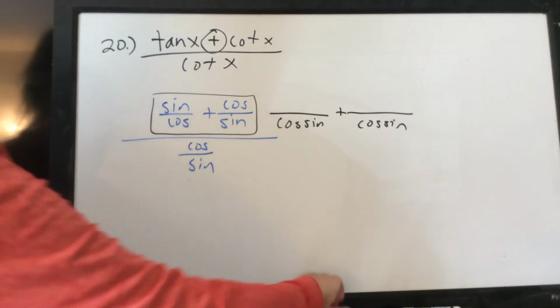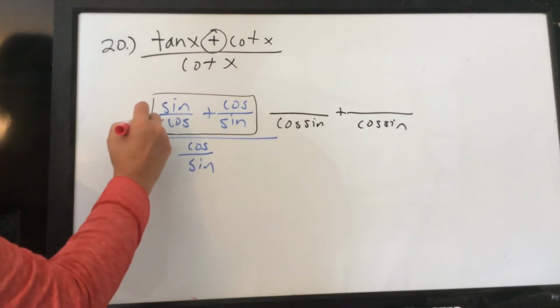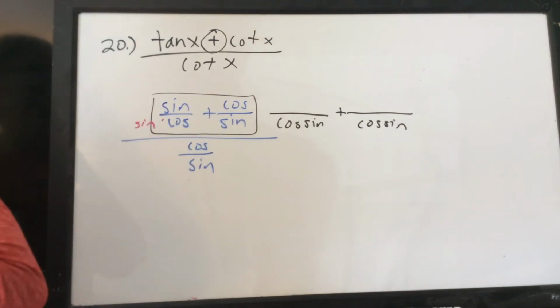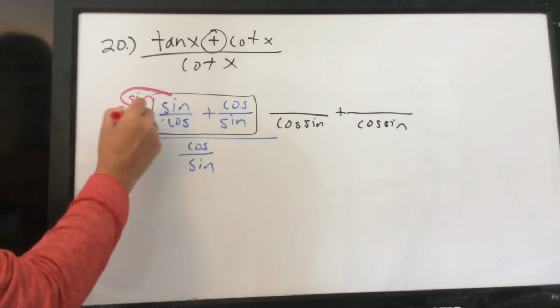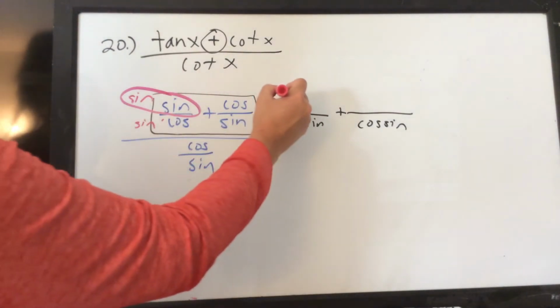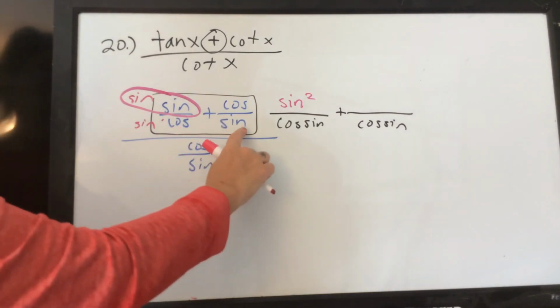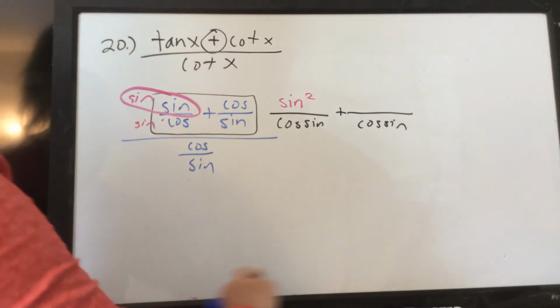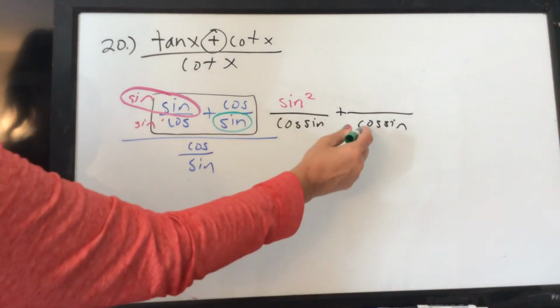So right now, I want to change this to the common denominator. I need to multiply it by sine. Whatever you do to the bottom, you have to do to the top. So what's our new numerator there? Sine squared. So now I want to make this guy match him.